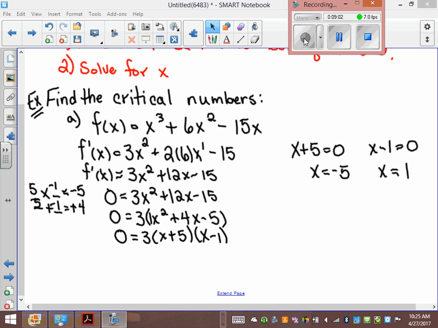When x equals negative 5, you have a maximum. When x equals 1, what do you have? A minimum.